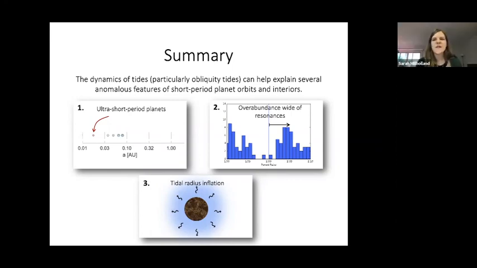Yeah, those are both really great questions. And as far as hot Jupiters, if you're thinking about obliquity tides, there is a paper that Josh Winn and Matt Holman wrote back in 2005 about maybe obliquity tides being the source of the inflated radii of hot Jupiters.